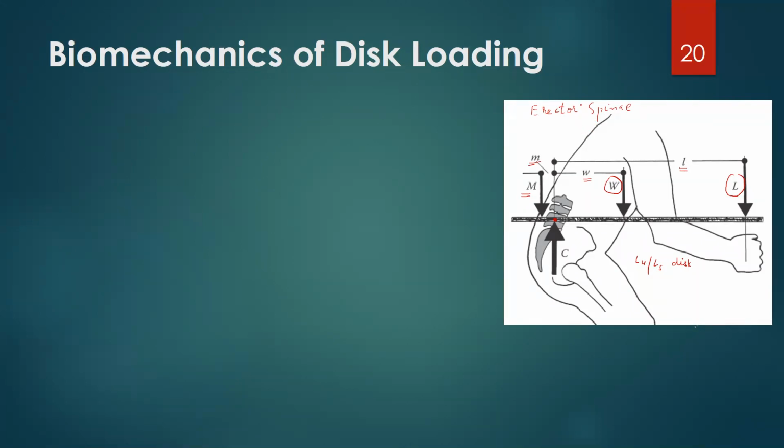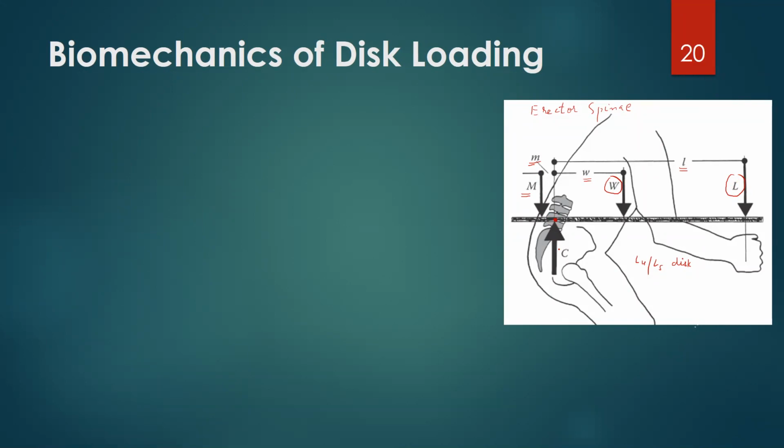You know that whenever we are sitting or standing or handling material, the disc is compressed. Now you can see that all these three forces, the load of the material that this person is holding, the weight of the upper body, as well as the muscle force, are acting downwards.